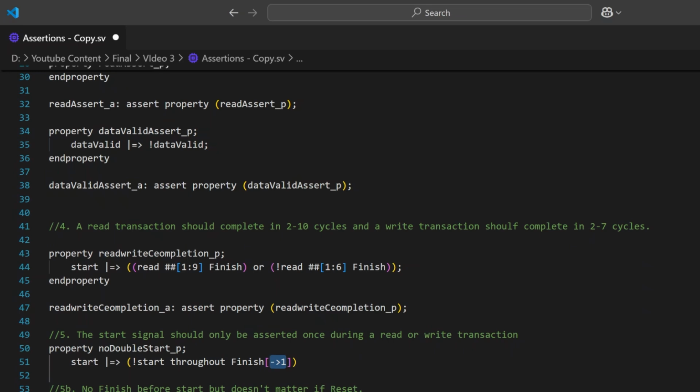So here we are using the goto repetition operator to indicate that the finish is required to be asserted only once and any time after the start is deasserted.